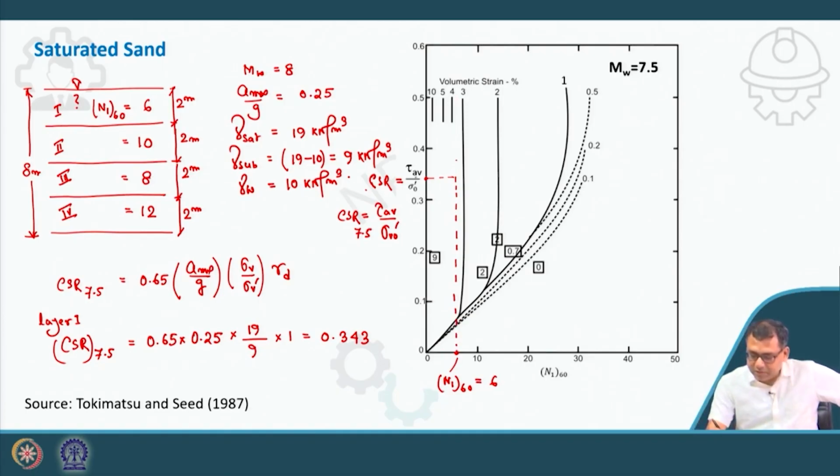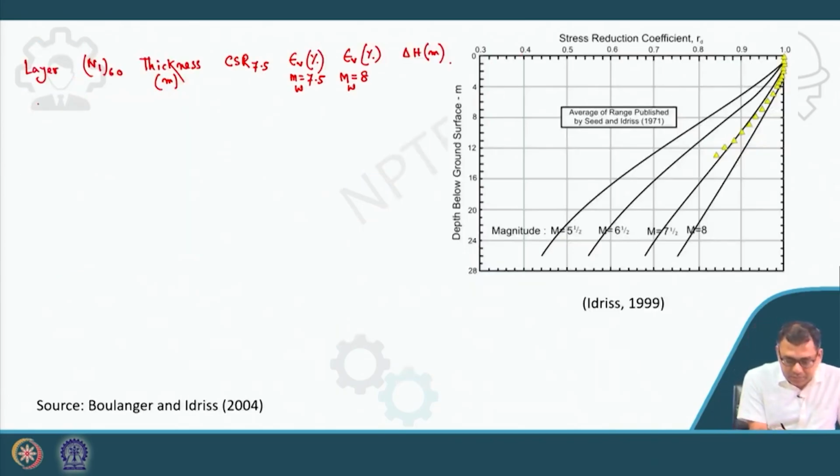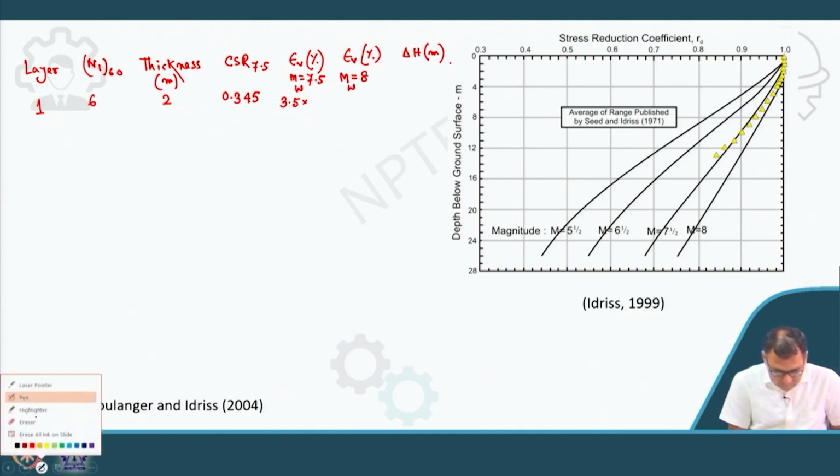So, what is this volumetric strain? If I extend it, it is around 3.5. This volumetric strain will be around 3.5%. Now, if I complete that table in a similar way as I did for the previous example problem, this is 6, thickness is 2, and CSR is 0.343. For volumetric strain, it is 3.5%.